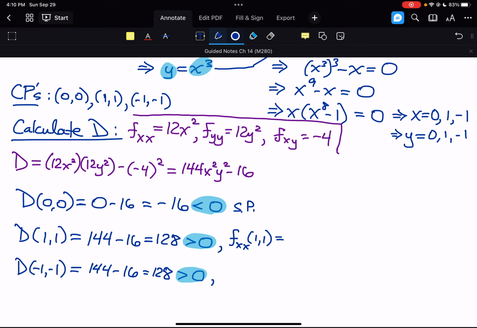So that's going to be just 12, which is also positive. So that's going to give us a min as a result. And fxx of negative 1, negative 1. Well, the value is squared already, so it's also going to be 12. So that's also going to give us a min.